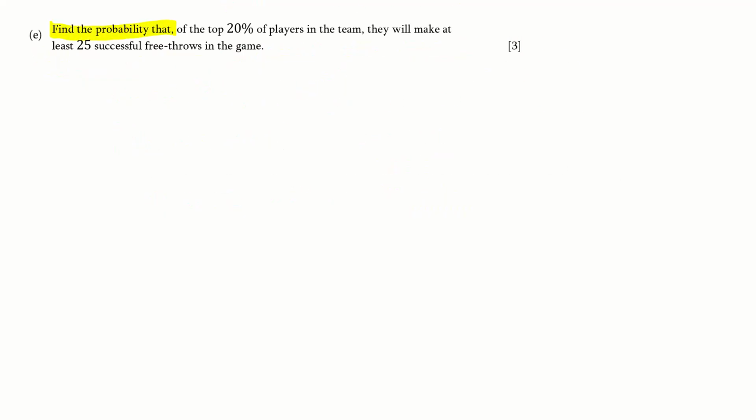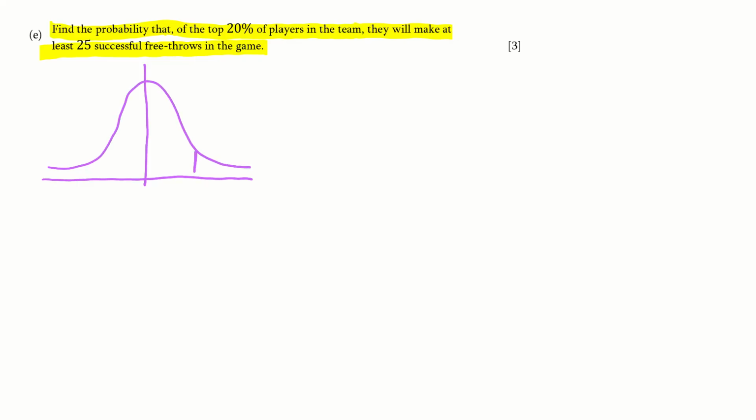Find the probability that of the top 20% of players in the team, they will make at least 25 successful free throws in the game. Well, the situation we have been working with is the situation that we can see above. I'll just reproduce part of the diagram here, in that we're looking at those that make 24 and above.